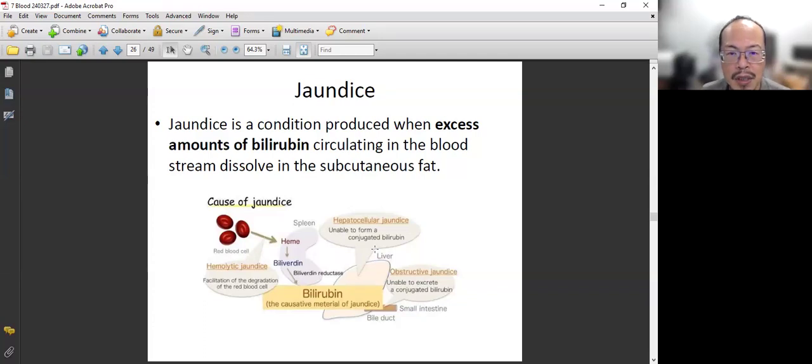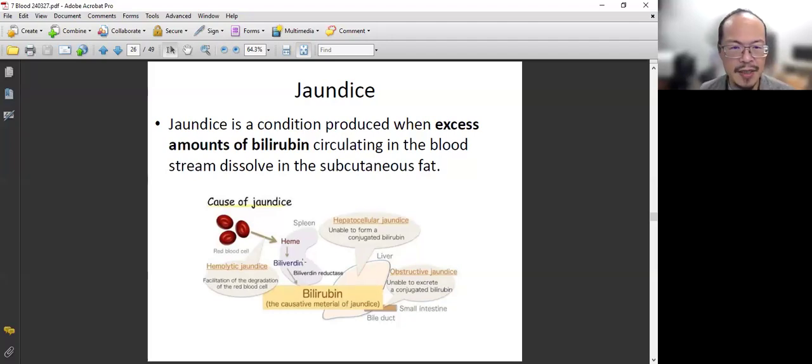They will deposit in our fat, because those are lipid soluble, and so they will get dissolved in our fat, and we can see them. It can change our skin color to be yellowish, and so that is jaundice.